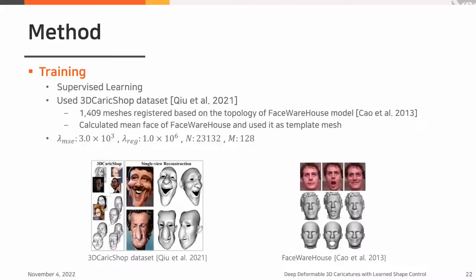For the template mesh, they use a mesh based on FaceWarehouse, which provides various expressions in a certain topology. They average out all those expressions to get a mean face of that model and use that as the template mesh. And the weights, the lambdas for the mean squared error and the regularization, are as written in the presentation.